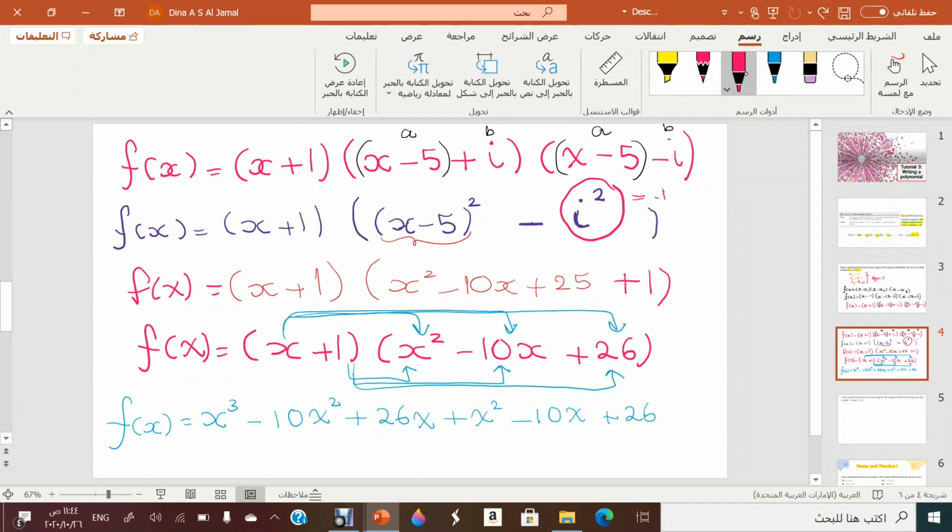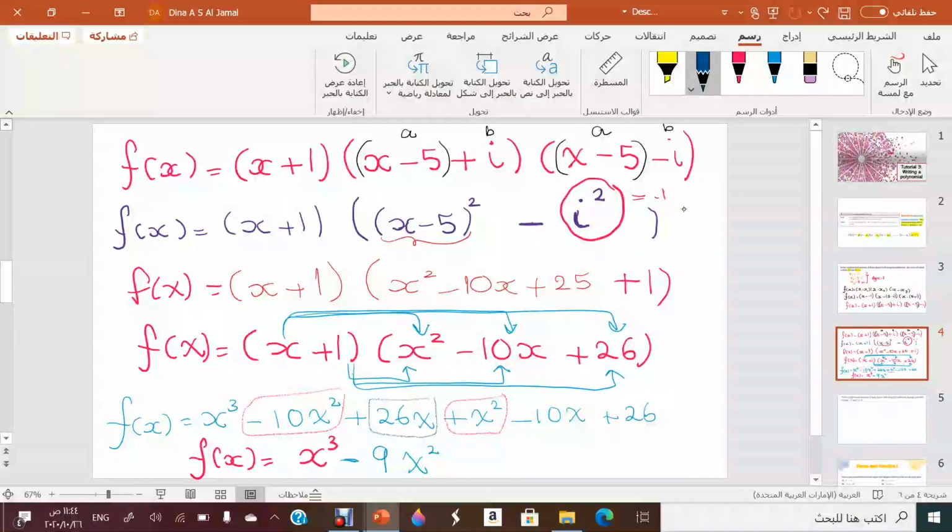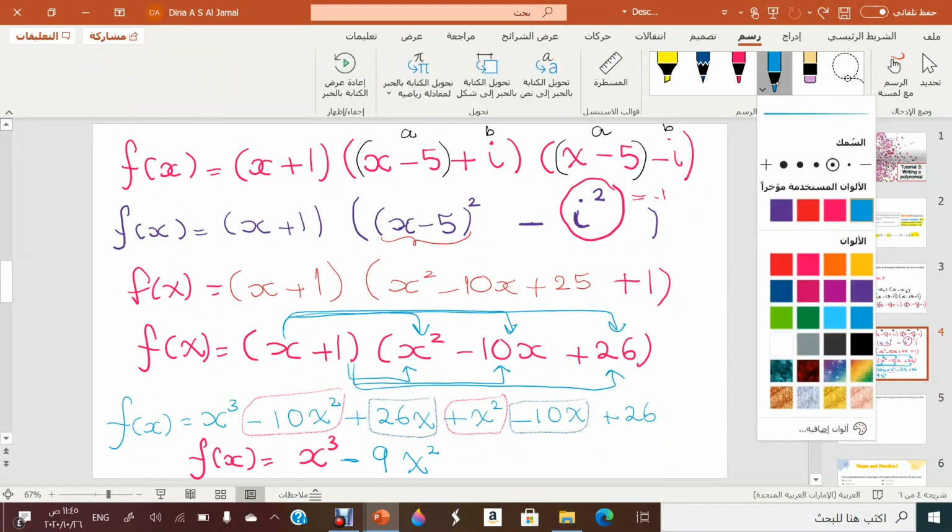So let's simplify it together. f of x will be x cubed. Now let's simplify the like terms. So it will be minus 9x squared. Then let's take the other like terms. So 26 minus 10, calculate it please together.